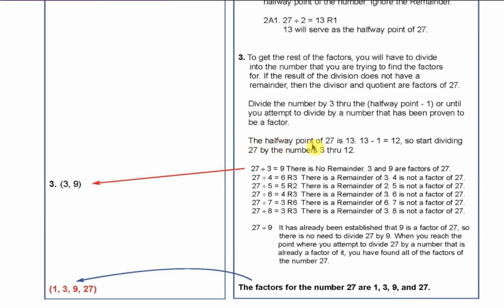Therefore, we subtract 1 from 13. 13 minus 1 equals 12. So we will start dividing 27 by the numbers 3 through 12.